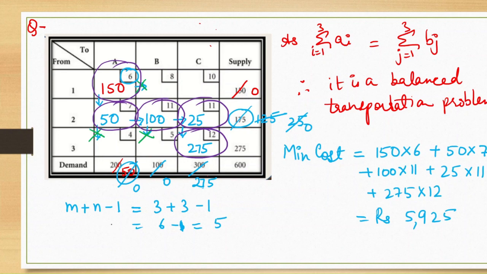As we are having 5 positive allocations, which we should have, and we are also having it in our answer, this implies that we have a non-degenerate basic feasible solution. So this is how we can find out the initial basic feasible solution.